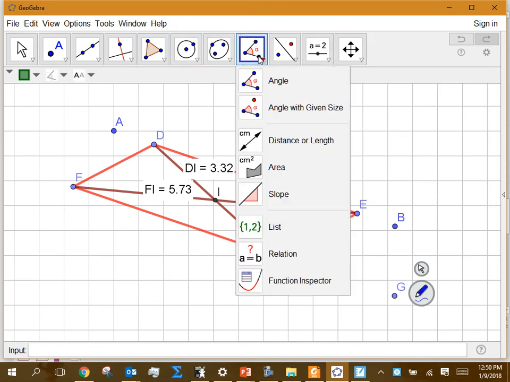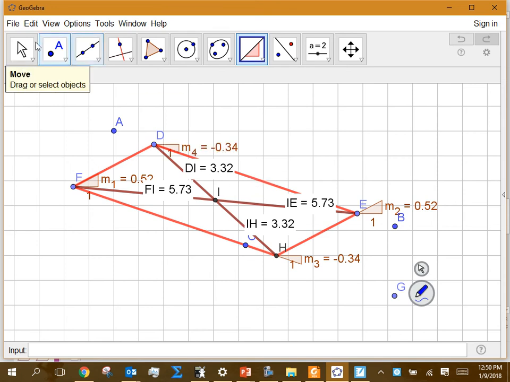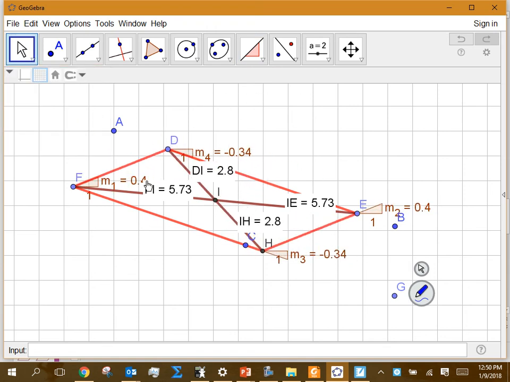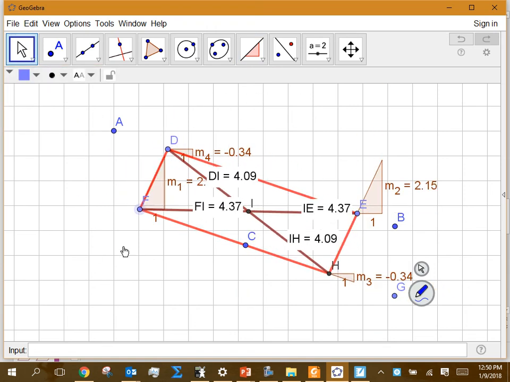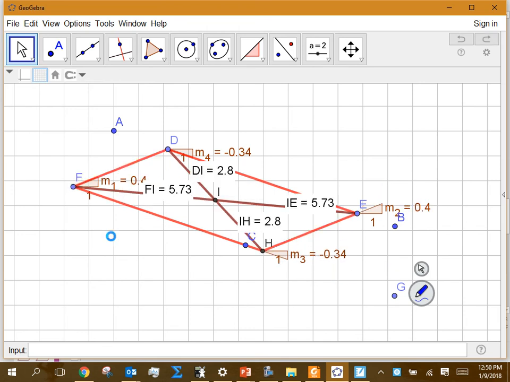That slope is 0.52, that slope is 0.52, so they're parallel. Negative 0.34, negative 0.34, so they're parallel. Is everybody okay with that? So we got a parallelogram, and the way I set this up is I can move these things around, and you're going to see that those slopes still end up being the same for opposite sides. So that is definitely a parallelogram.